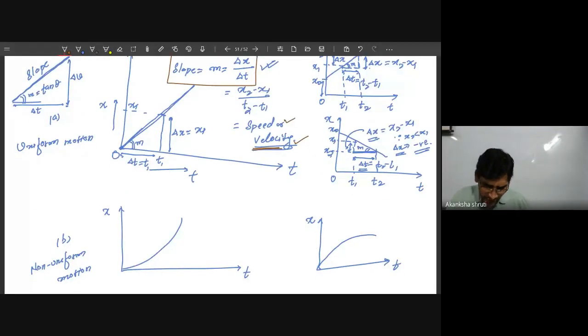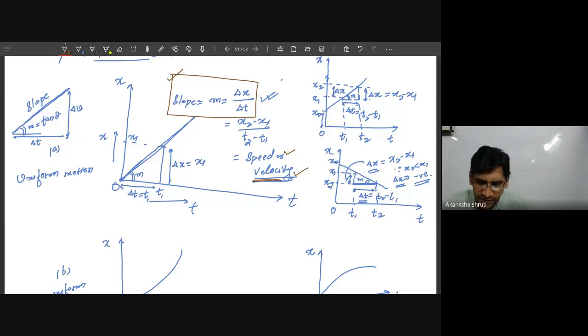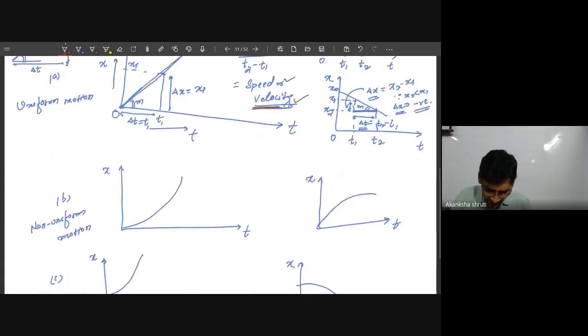Now this graph need not always be a straight line starting from the origin. It may be a straight line or a slanted line or an inclined line, inclining upward starting from a certain position x0. It may be downward starting from x0, as in cases 2 and 3 for A. It may be a curved line, the curve going upward as it is drawn in the first part.